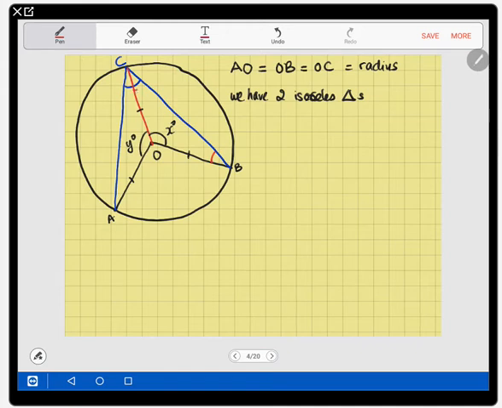This angle and this angle will be the same. Why? Because it is an isosceles triangle. Likewise, this angle here and this angle here will be the same. Same angle. And here also, same angles.